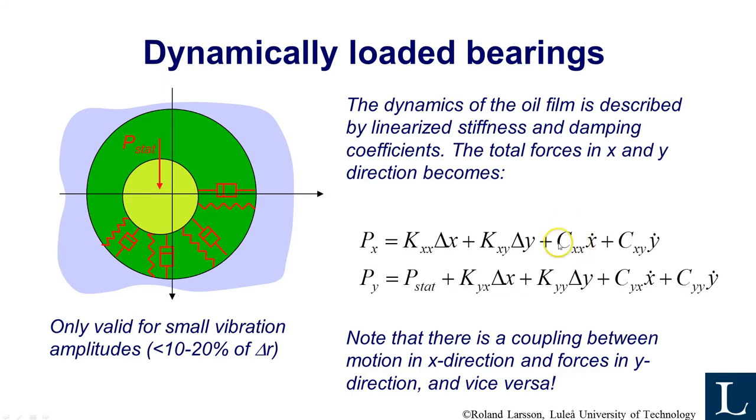The damping has a component both in the x direction and in the y direction for the x force, and the same for the y force, y direction force. This is the x direction and this is the y direction, by the way. So you can see here that you have 4 stiffness coefficients and 4 damping coefficients in a system like this.